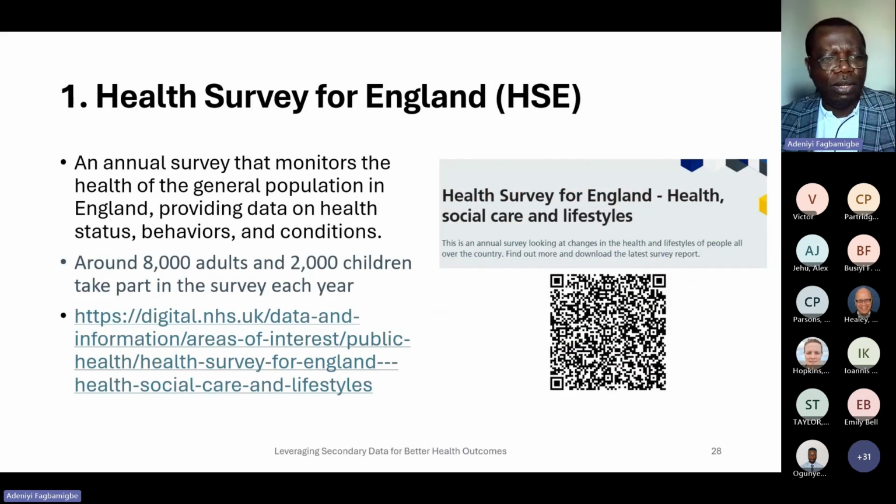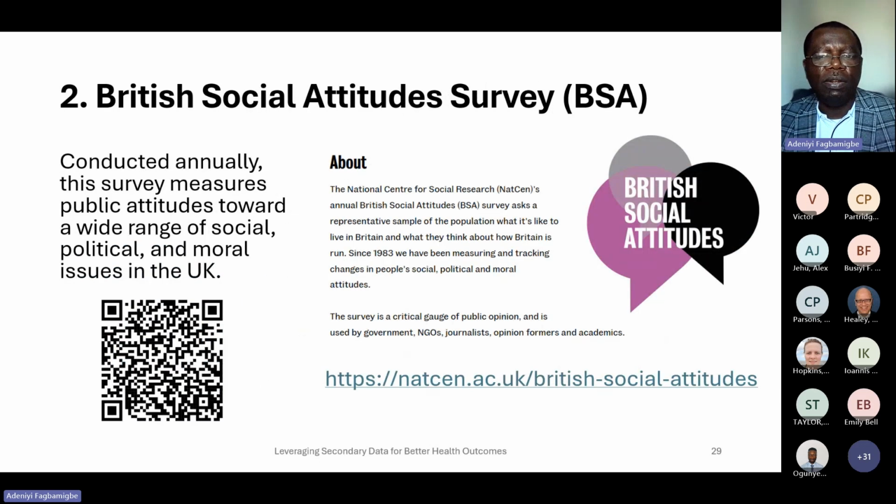In the United Kingdom, we have the Health Survey for England, for example. It's an annual survey that monitors the health of the general population in England, providing data on health status, behaviors and conditions. About 8,000 adults have been enrolled, and this is very rich. Different publications have come out of it, and they have been very useful too. Another example is the British Social Attitudes Survey. It is conducted annually too.